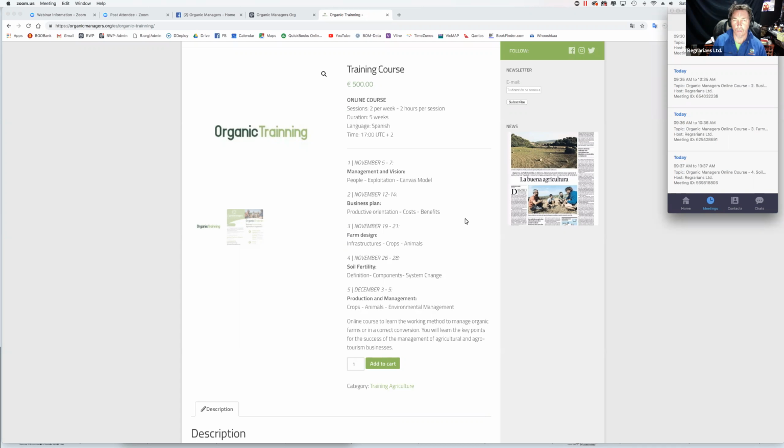So with a farm plan, what we're largely looking at is, first of all, getting a map together and producing a map. And we have an excellent topographer, Manel, involved at Organic Managers, and he works closely with Agrarians to develop excellent maps.